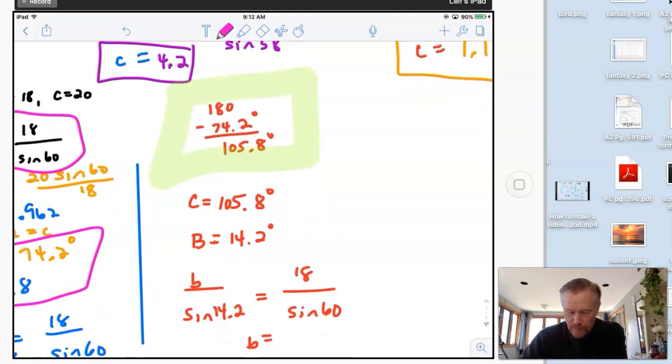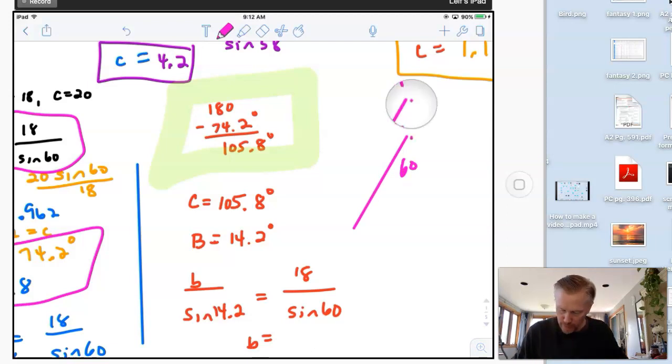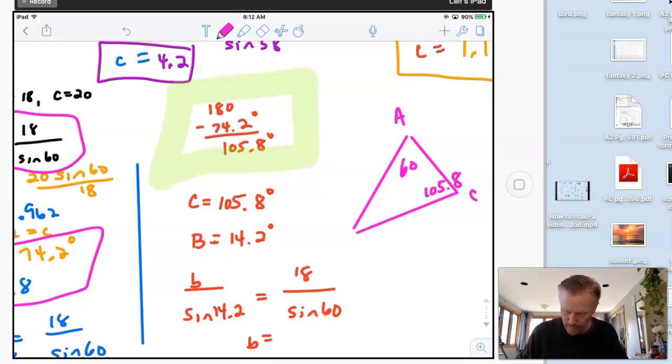So if I add up that triangle, the one angle is still 60 degrees. C is obtuse, so this would be your 105.8. And then you'd subtract them from 180 to find out that B is 14.2 degrees.